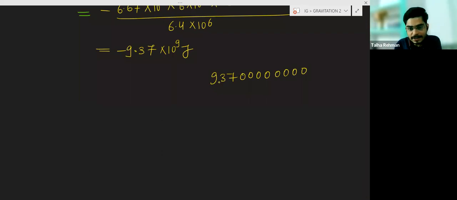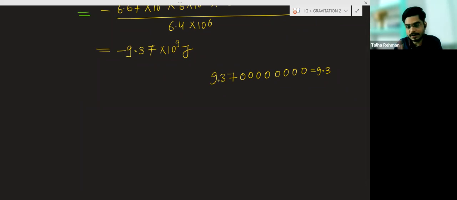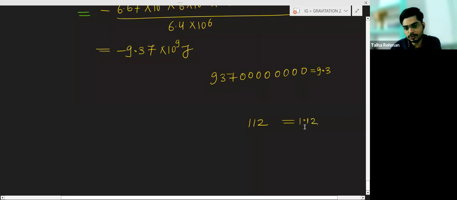If you want to write this in the form 9.3, when you apply the decimal point here, for example, a simple example I am taking. This is 112. If I want to write it in the form 1.12, then how many zeros will I add?